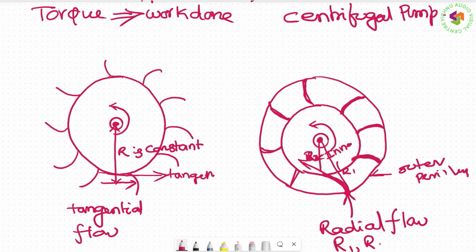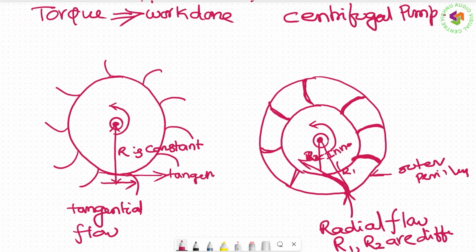R1, R2 are different. The flow takes place towards the center like this. Here the flow is tangential. So that's why it is tangential flow and radial flow. This application is the Pelton turbine, this application is the Francis turbine. We will take that in future classes.